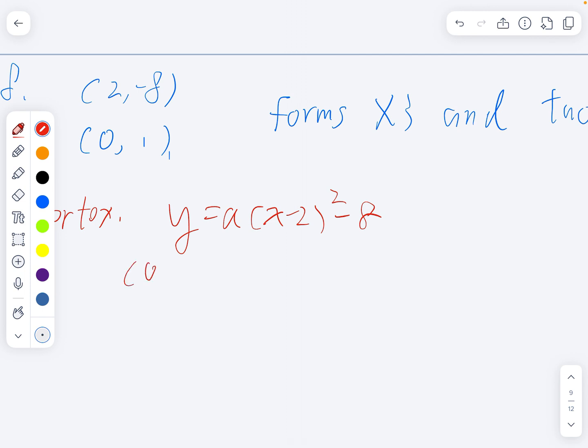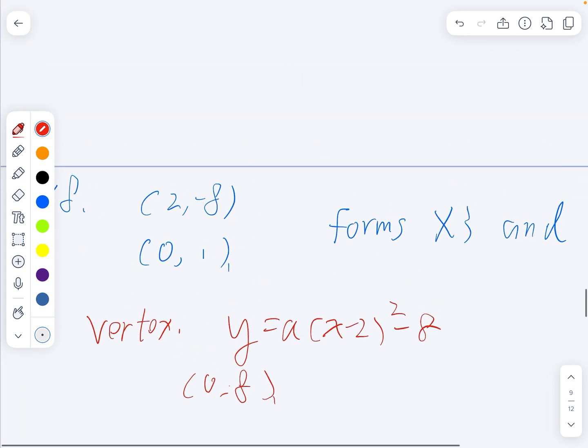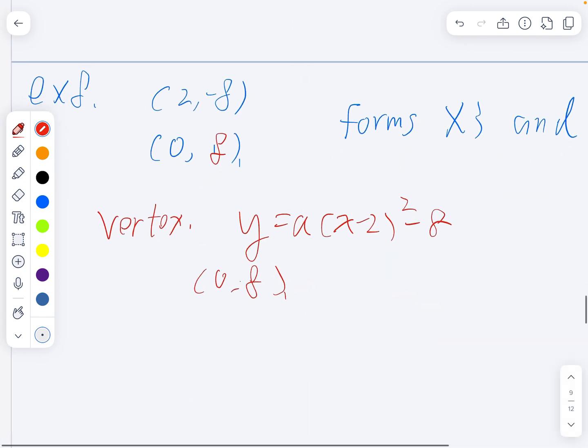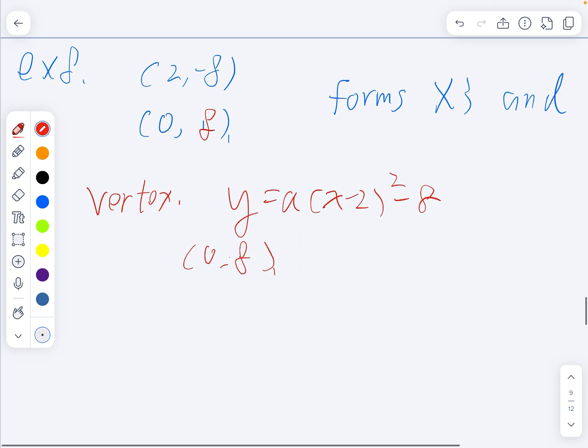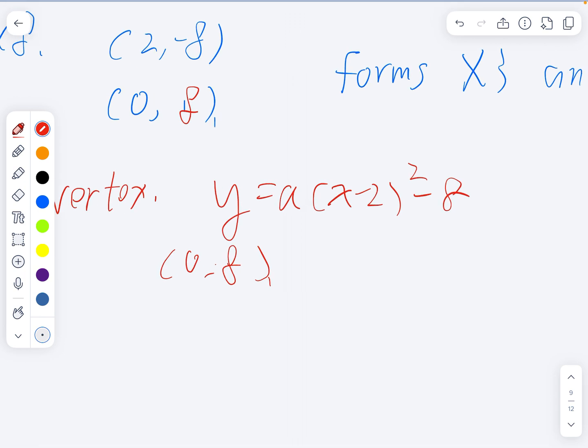Okay, put the (0, -8) here. And then a equal to 4.